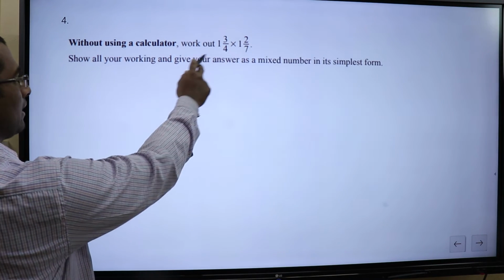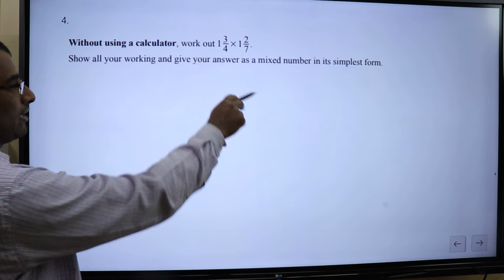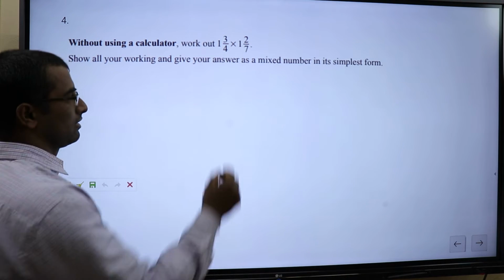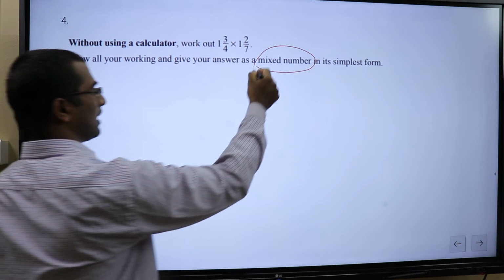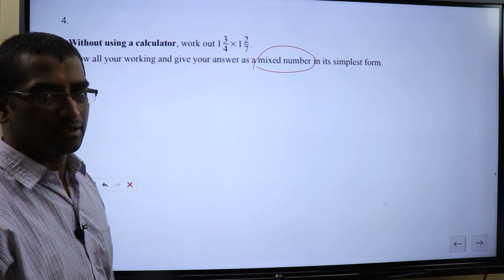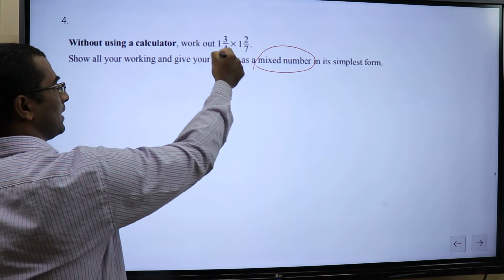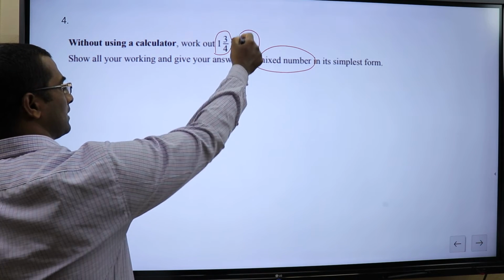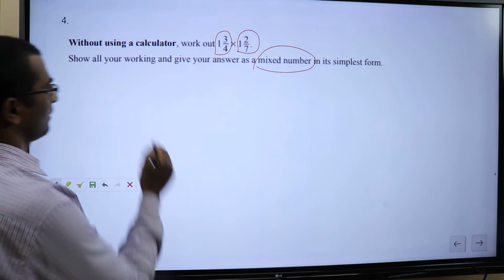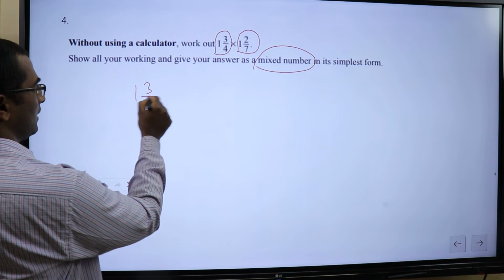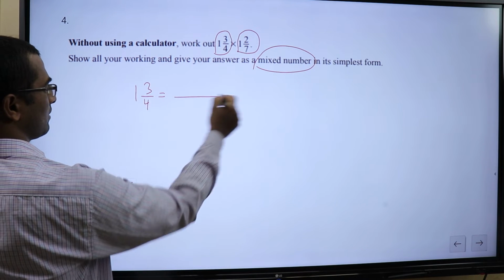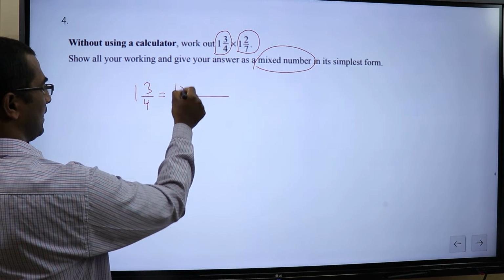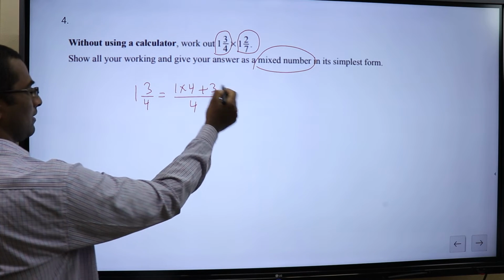Without using a calculator, work out this. Show all your working, give your answer as a mixed number. So the final answer I should convert into a mixed fraction. Okay. Before that I should convert each of them into an improper fraction and then multiply. Let us start. So 1 3/4 will become how much? 4 here, and here 1 × 4 + 3.